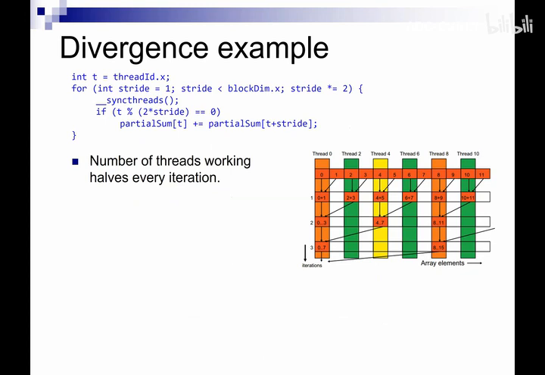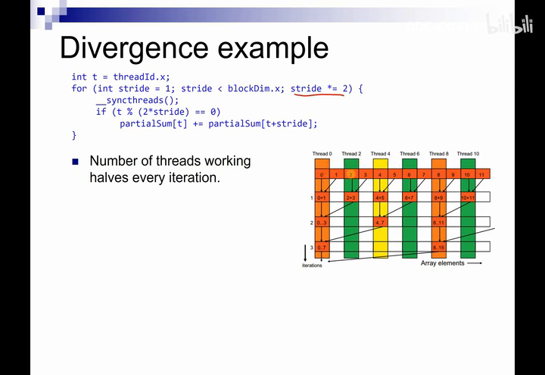All right, so this is actual code for doing this. We have this variable called stride, which controls which threads we pair. Initially we pair adjacent threads, so the distance between the paired threads is 1.